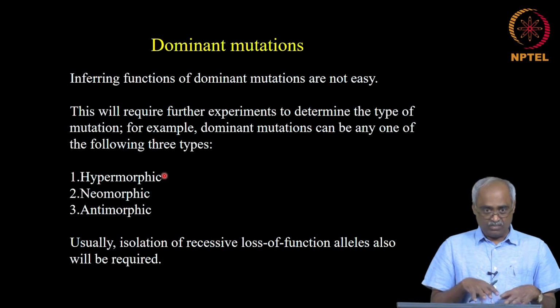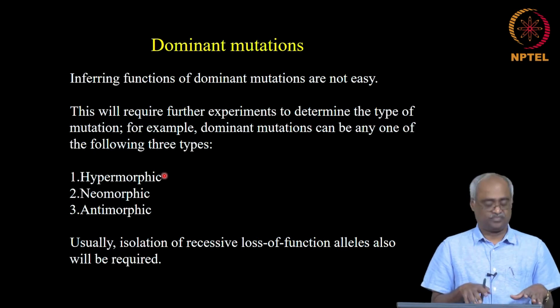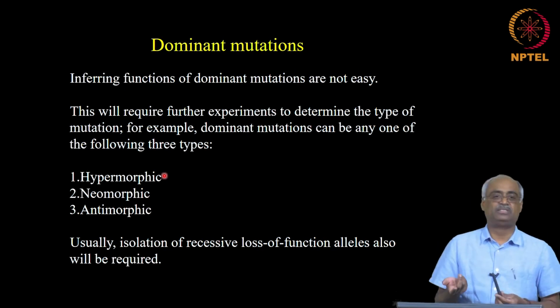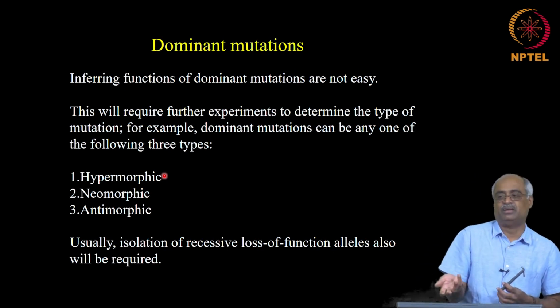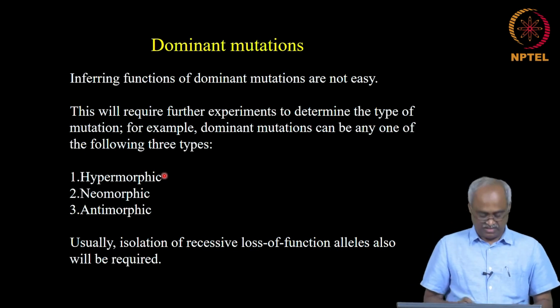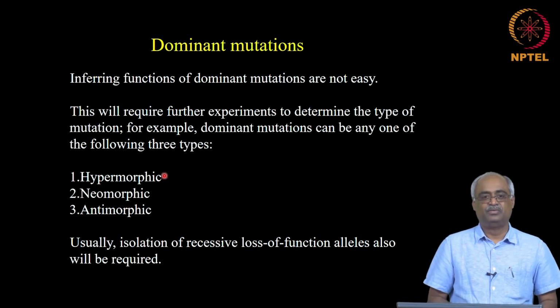So, you cannot immediately say what it normally does. Or it could be neomorphic, meaning a new function. Normally this protein does not have that at all, like many of these neurodegeneration phenotypes, where the cause is actually a new function of the protein.